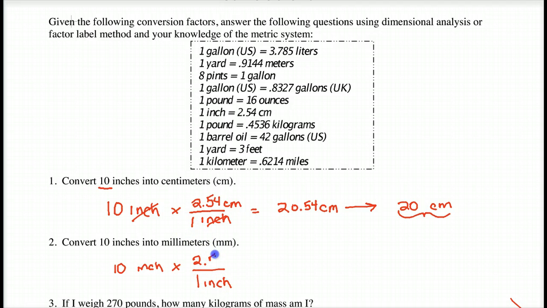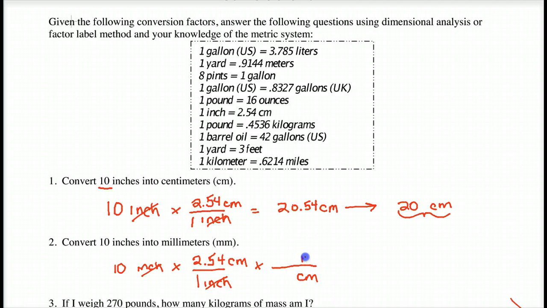Hence, teaching. Okay, so 2.54 centimeters. I'm getting rid of my inches. Now I have centimeters, but centimeters is not what I want. I want, in this case, millimeters. Well, I know a millimeter and a centimeter differ by 10. A millimeter is a 1,000th of a meter, and a centimeter is a 100th, so they differ by 10. So I'm going to get rid of my centimeters.